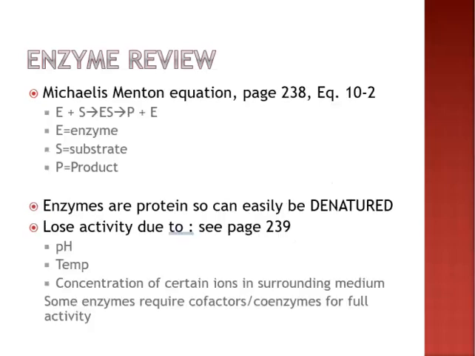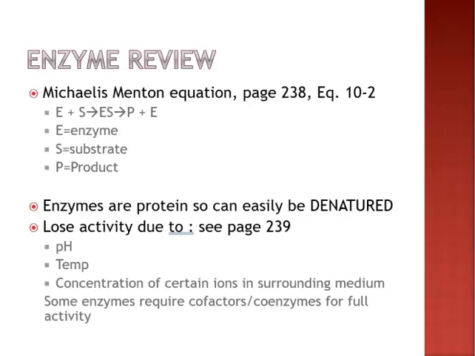With enzymes, you need to be familiar with the Michaelis-Menten equation, and it's E plus S, where the E represents enzyme and S equals substrate. So the enzyme plus the substrate, you're going to end up with the P plus the E. The P represents the product, and of course the E represents enzyme.